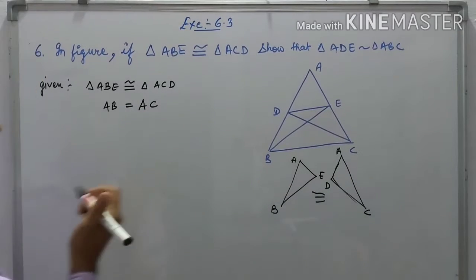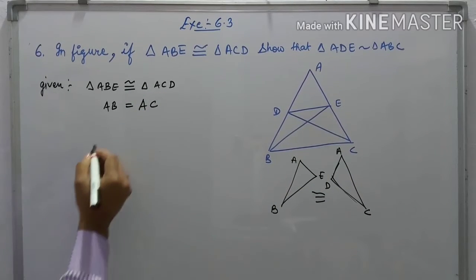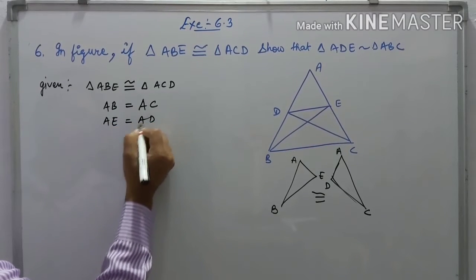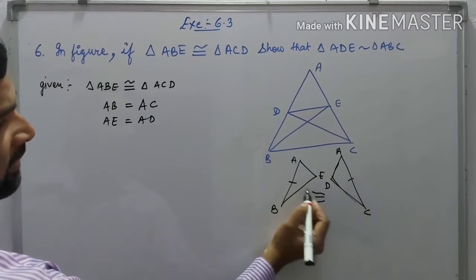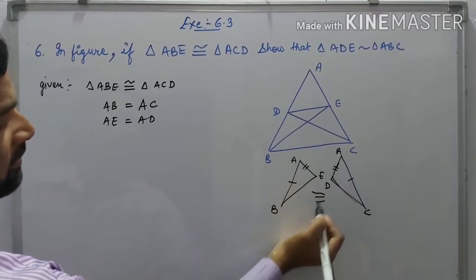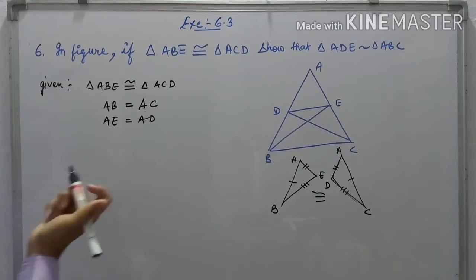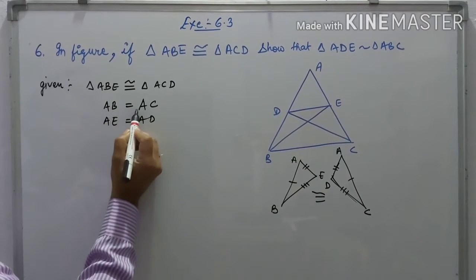AB is equal to AC, and the second side is AE equal to AD. This side is equal to this side, and the third side will be equal to the third side.